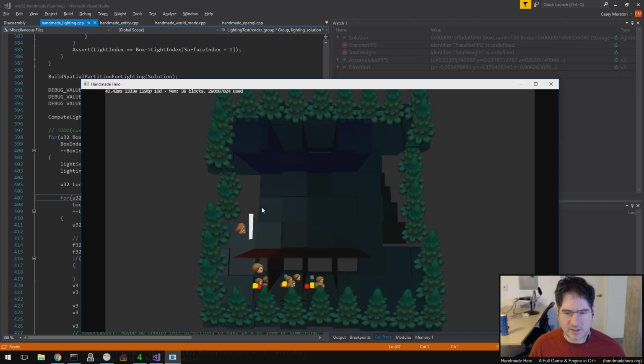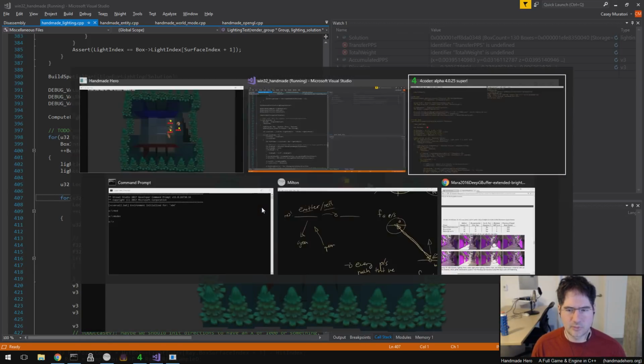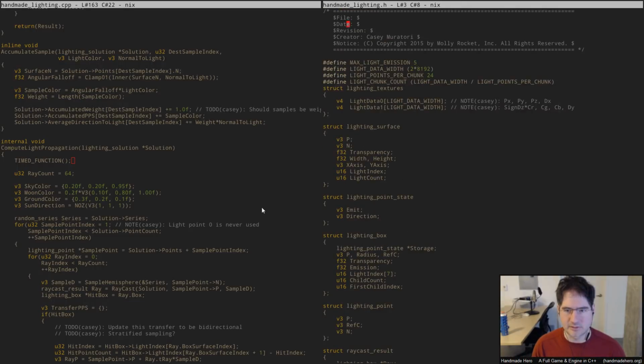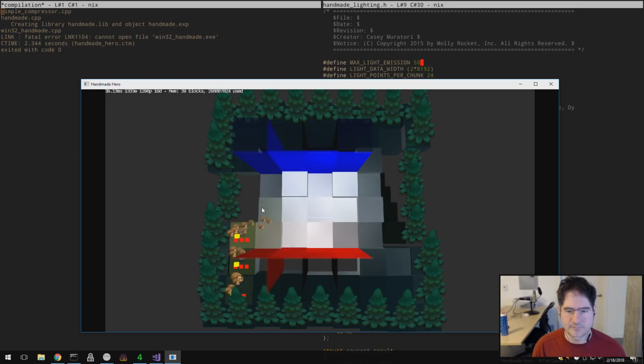So I guess now my main concern is I'd like to address the brightness level, because the brightness levels seem a little odd to me at the moment. And I'm not sure why that is. So I'd like to get a better handle on that going forward. Supposing we set the max light emission to something high, so let's say it was 50, we should get a much brighter scene, right?